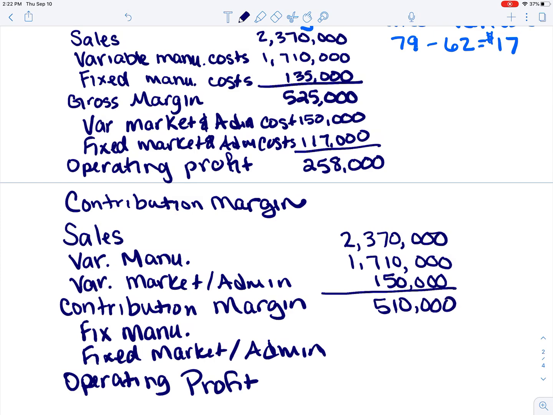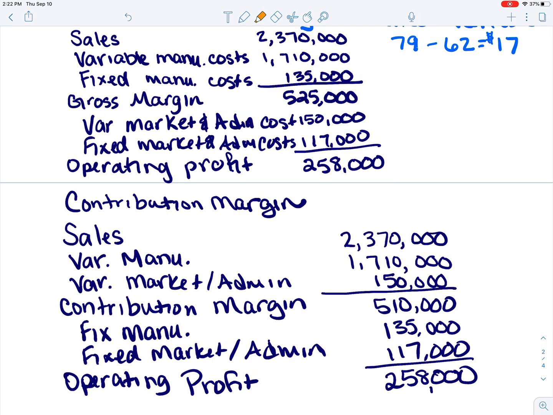Then we're going to subtract out those fixed costs, which are given, to come down to our operating profit. I want you to notice that our operating profits do not change. All we're doing is moving things around for different decision making, which is what we're going to do for cost accounting.